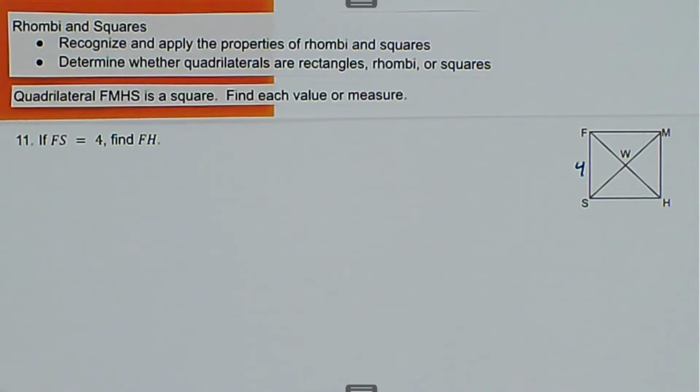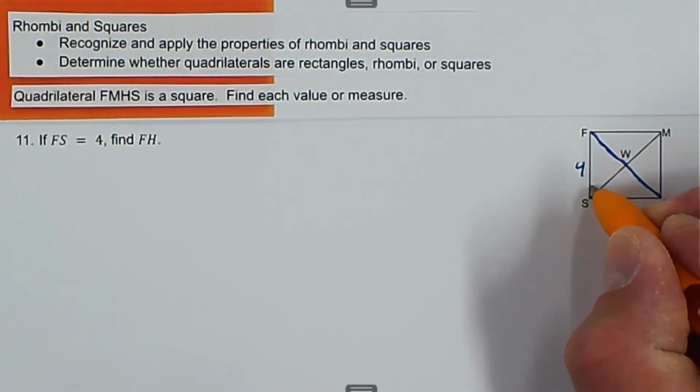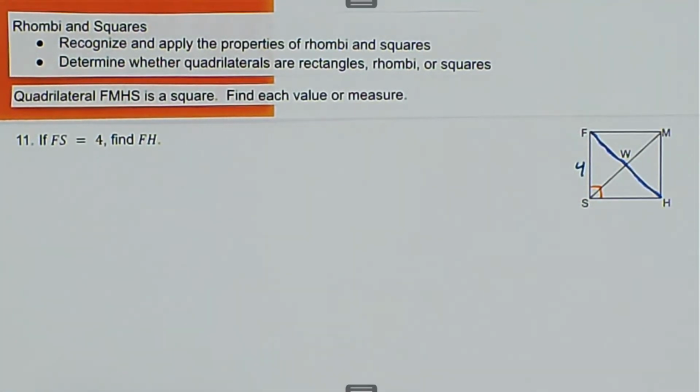And then it asks us to find FH. So FH is the diagonal that goes across the square there. Well, because this is a right angle, we can use the Pythagorean theorem.